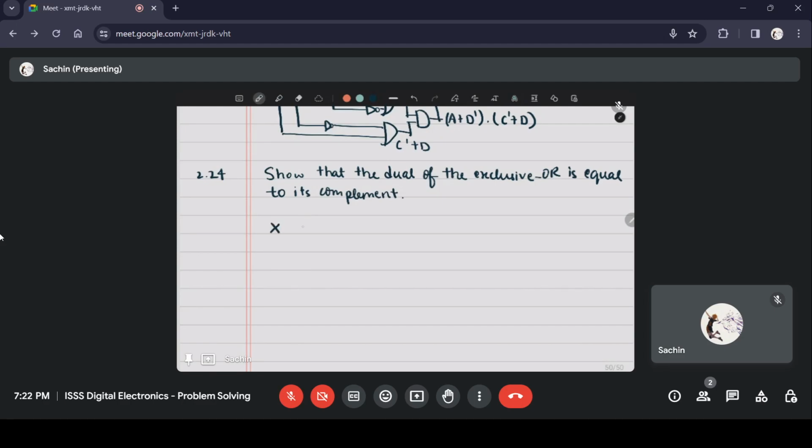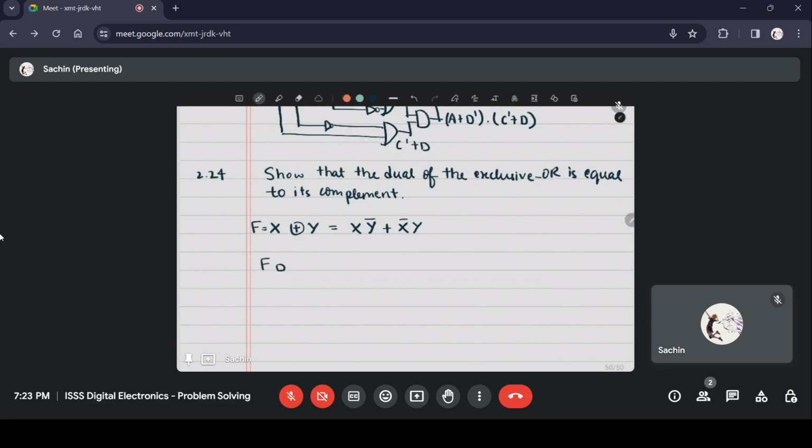So XOR of x and y is x y prime plus x prime y. So let's say that's f.